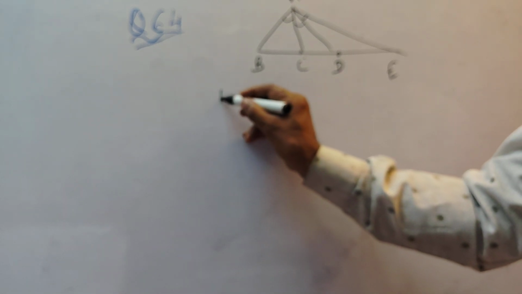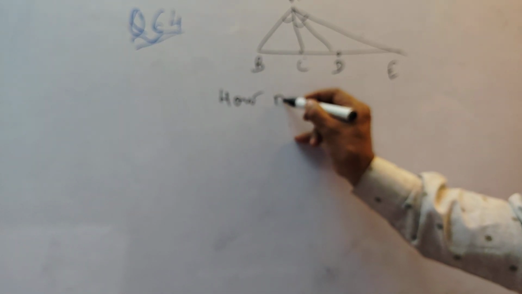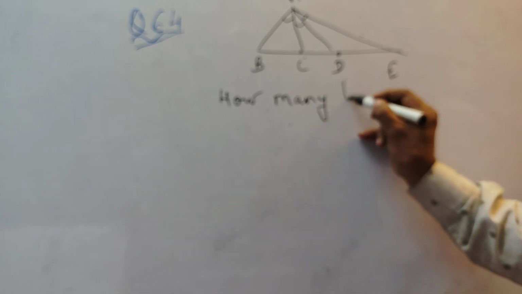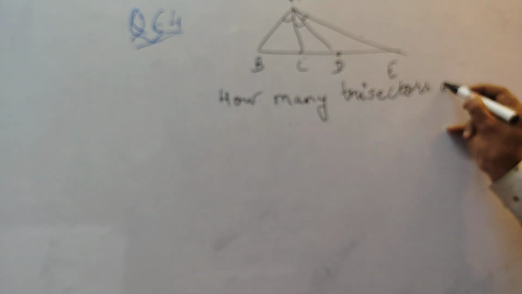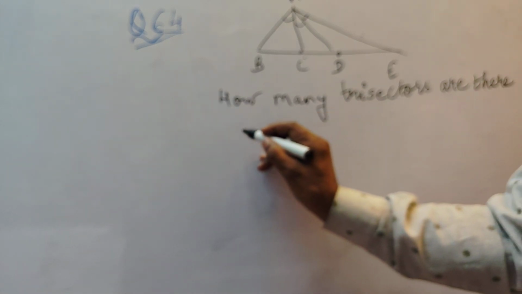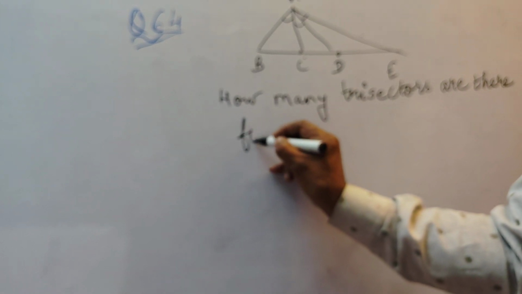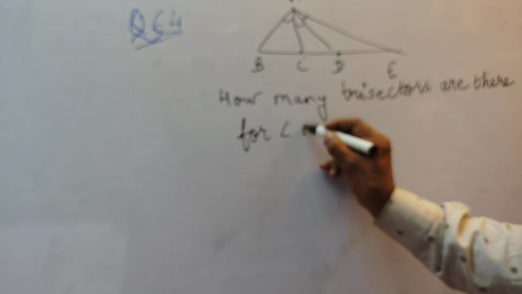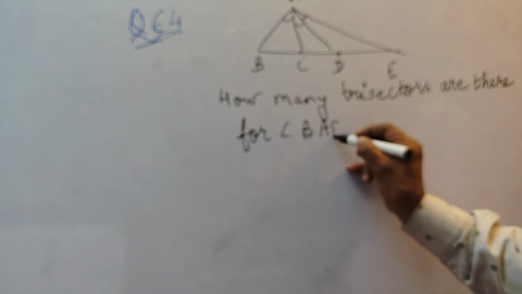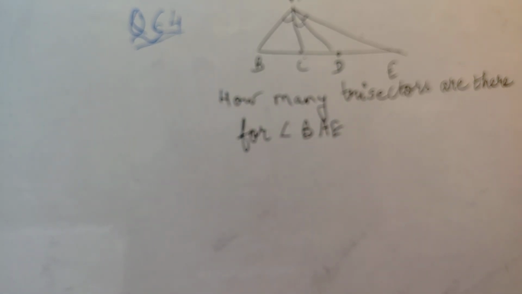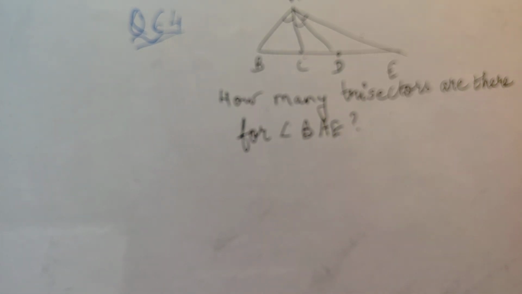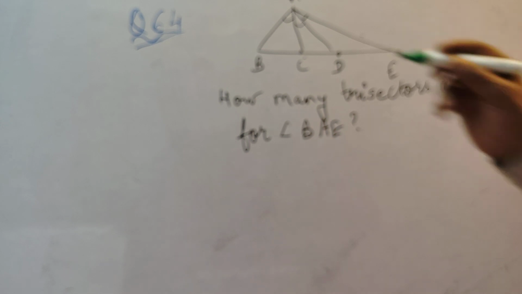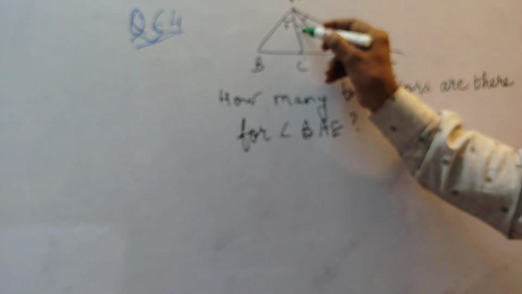So there are three equal angles: angle 1, angle 2, angle 3.